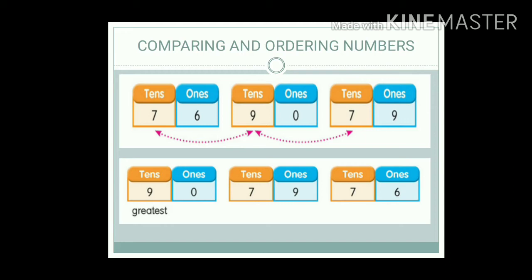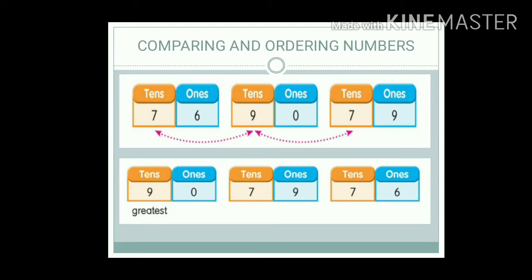But now how do we find out between these two numbers, 76 and 79? As both the tens place numbers are equal, that is 7, we will move on to the ones place. From 76, we have 6 in the ones place, and from 79, we have 9 in the ones place. So which one will be greater?